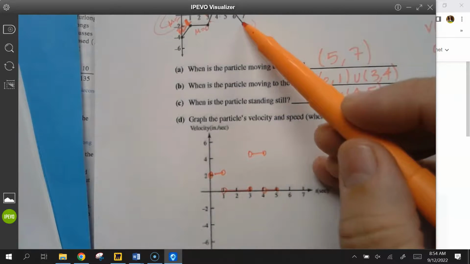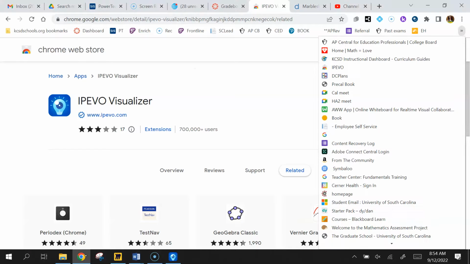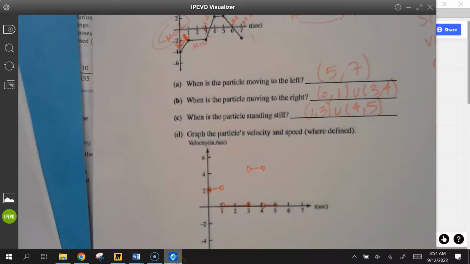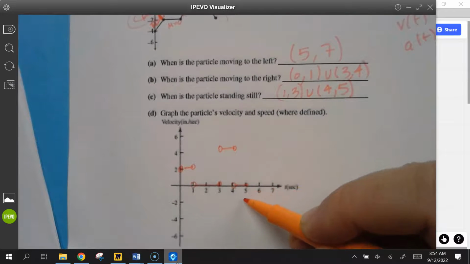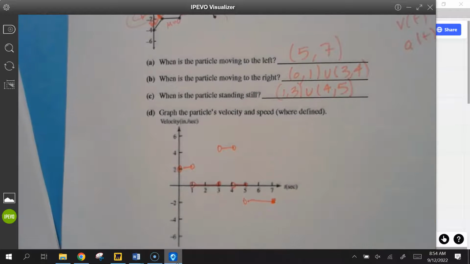And then from 5 to 7, negative 2. Does that make sense? Yes.